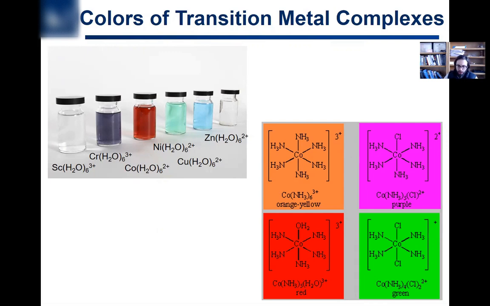So you put in some chloride in there, or you change the stoichiometry, you get these different colors. So quite interesting, very diverse. The electronics of this get pretty complicated to explain these colors, like I said. But there are still a lot of different things that in this chapter we're going to talk about in terms of bonding and predicting molecular structure and reactivity.